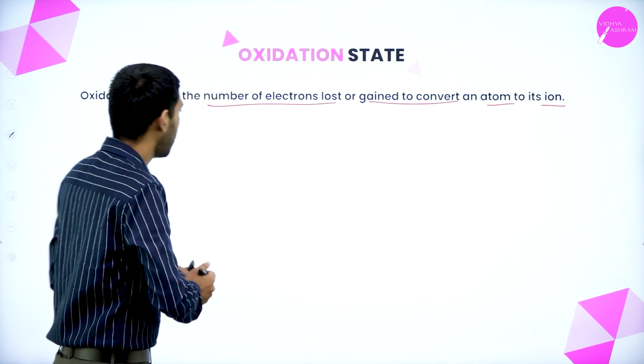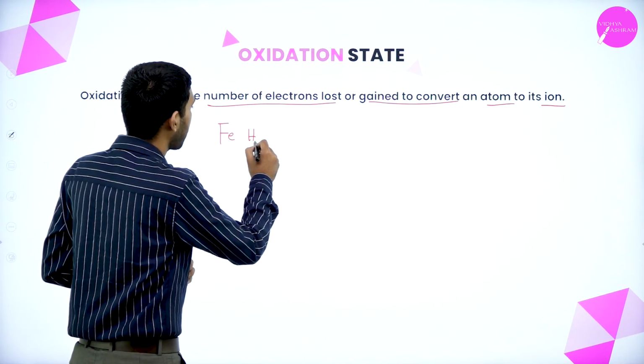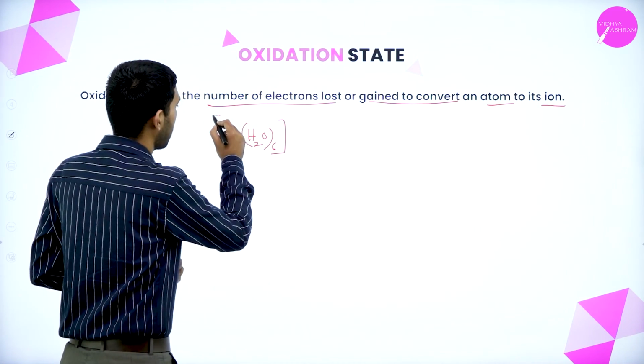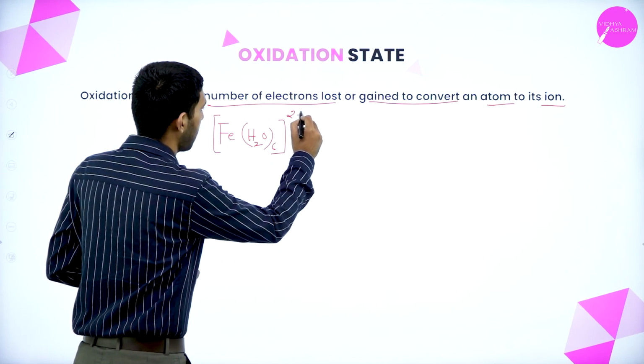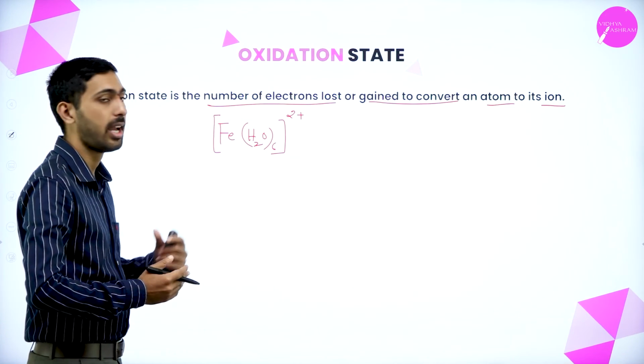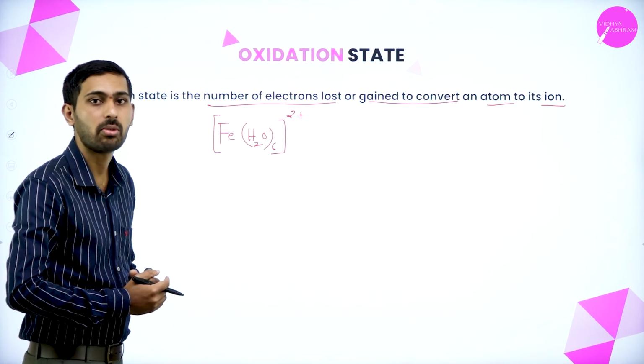For example, let us consider this complex. This is hexaaqua ferrate 2, [Fe(H2O)6]2+.